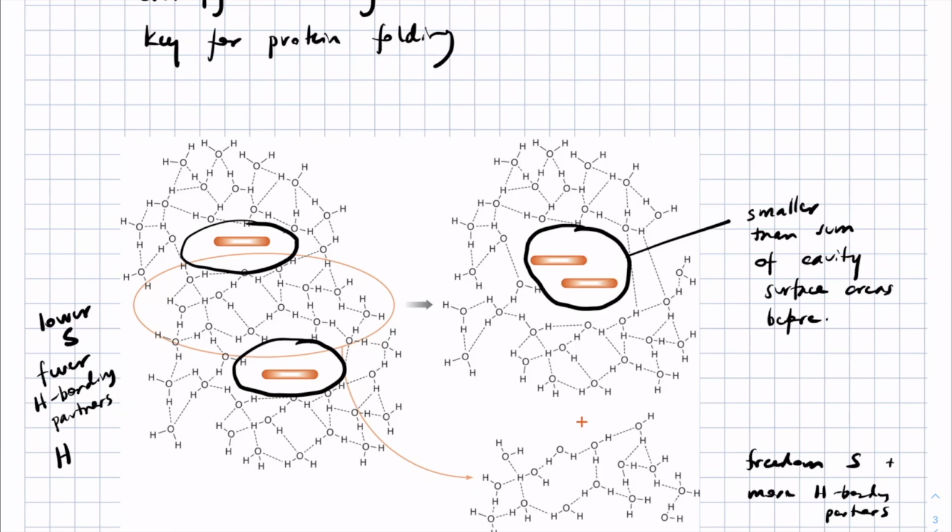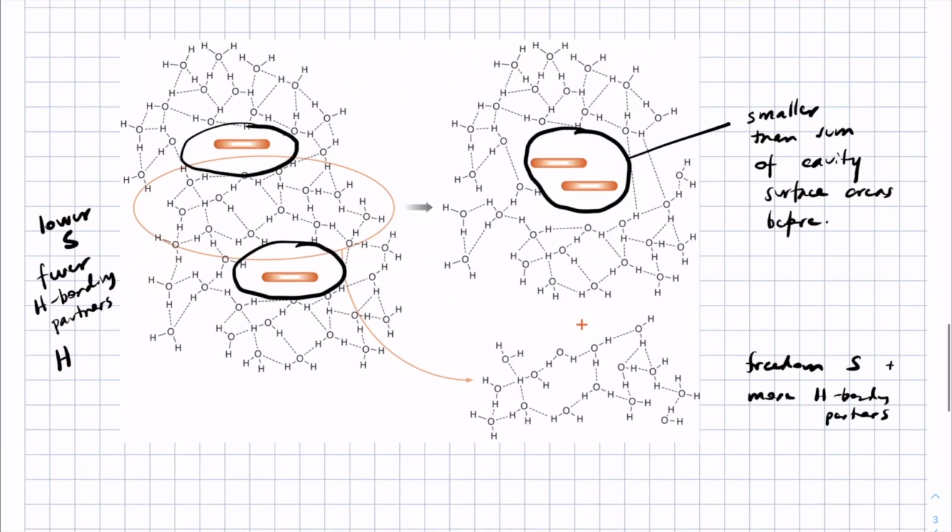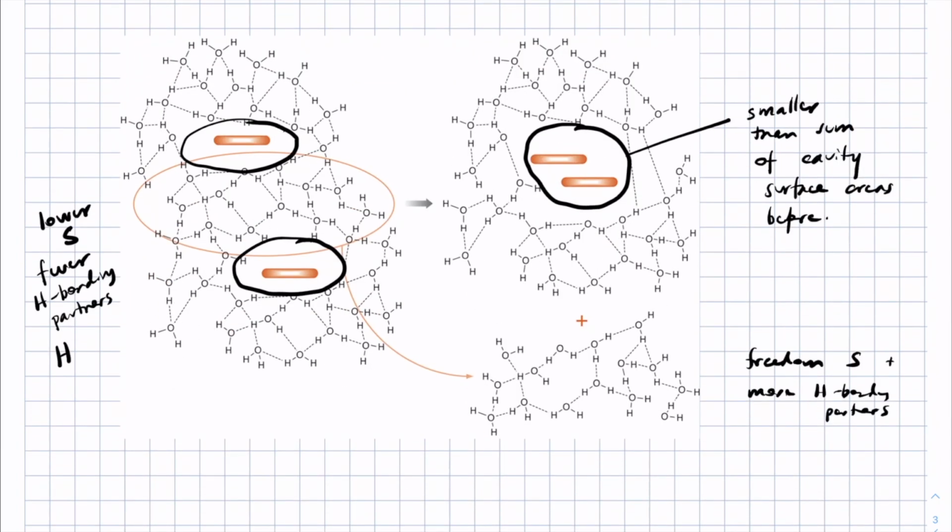So why isn't this an issue for polar molecules or for salts? Go ahead. The water can form new interactions with them that pay for the breaking of the solution. Okay, good.